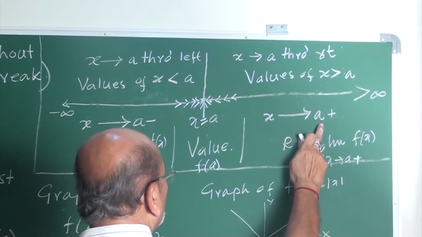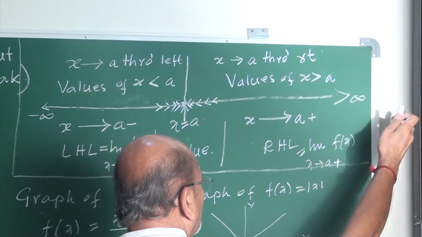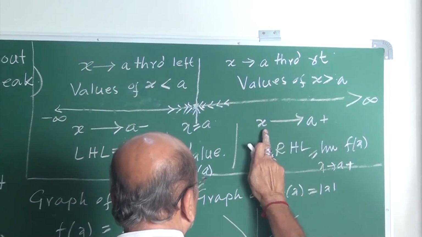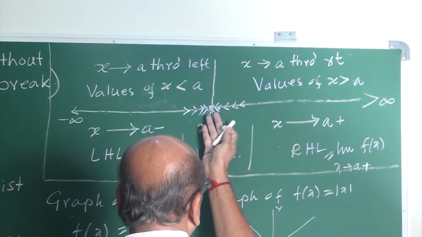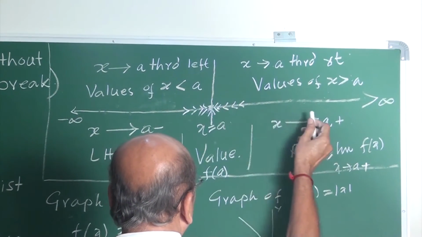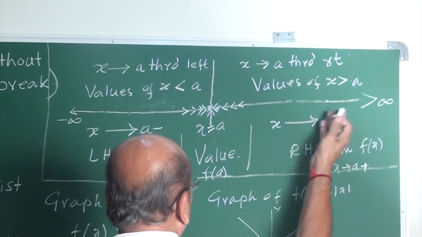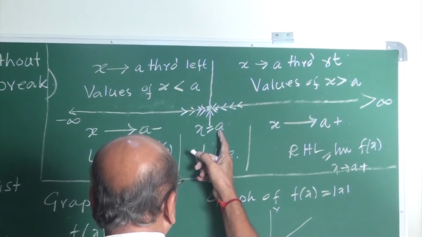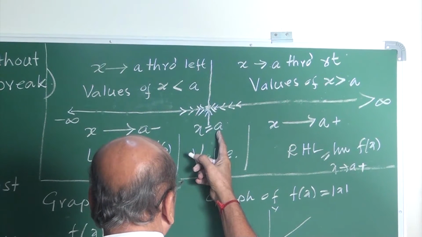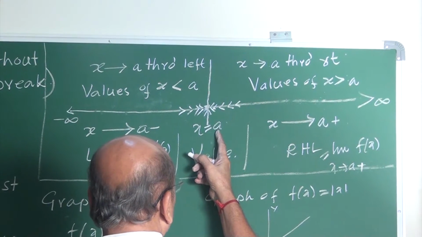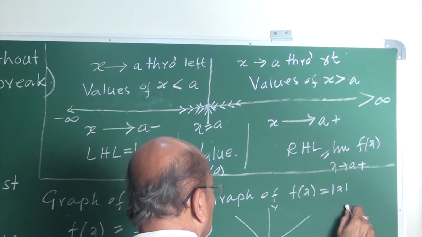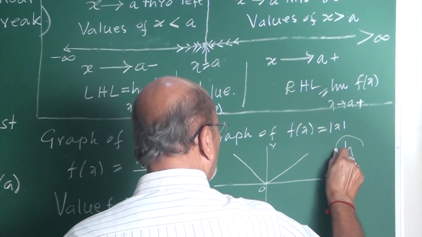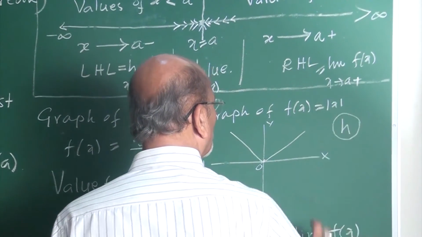A plus does not mean values like 100, 200. These are values of x very near to a. x tends to a through the right: these are values a plus h, a plus 2h, a plus 3h, like that. This h is a very, very small positive number.